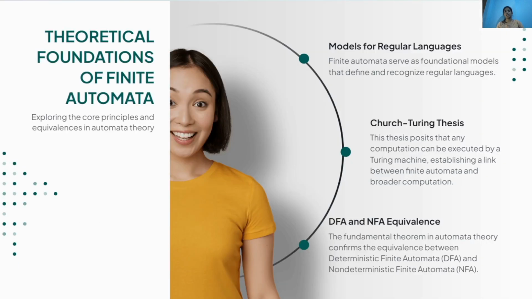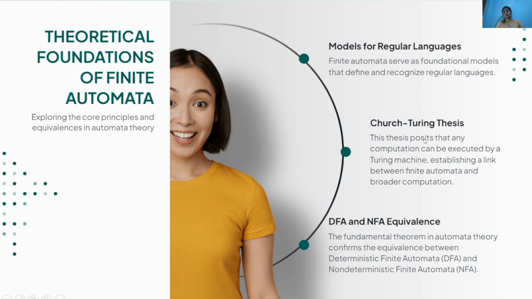And next we have the theory foundations of finite automata. Which theories do we have in doing finite automata? Models for regular languages: finite automata serve as foundational models that define and recognize regular languages. Next we have the Church-Turing thesis.